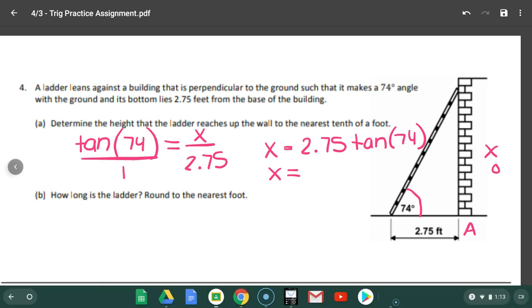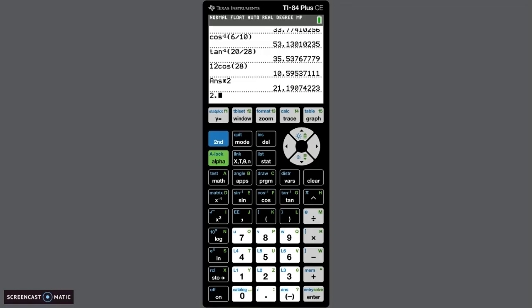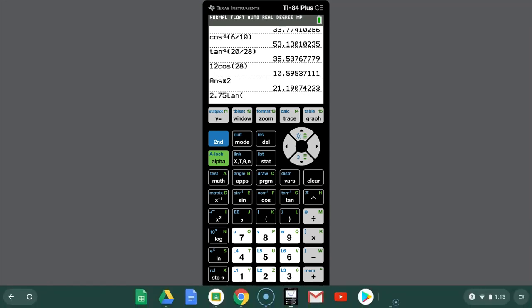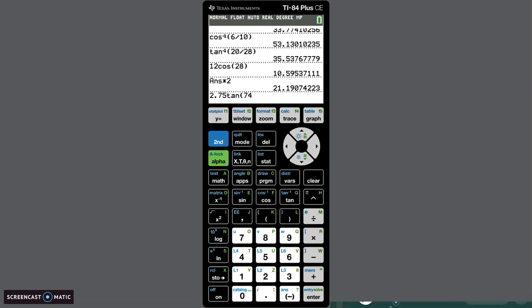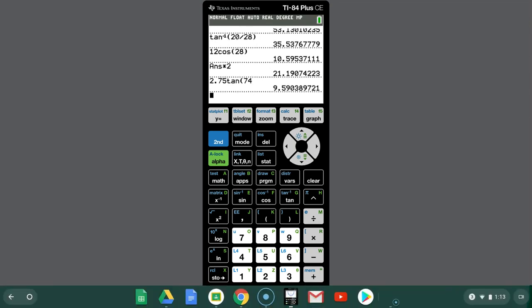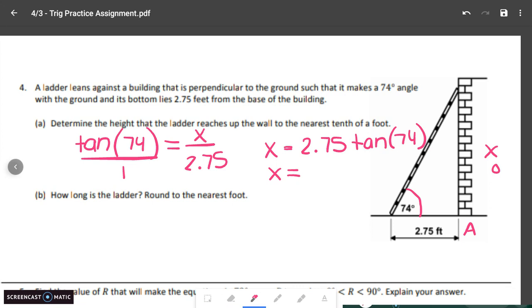And let the calculator handle it for us. $9.59. So we get 9.6 feet when we round to the nearest 1/10 of a foot.